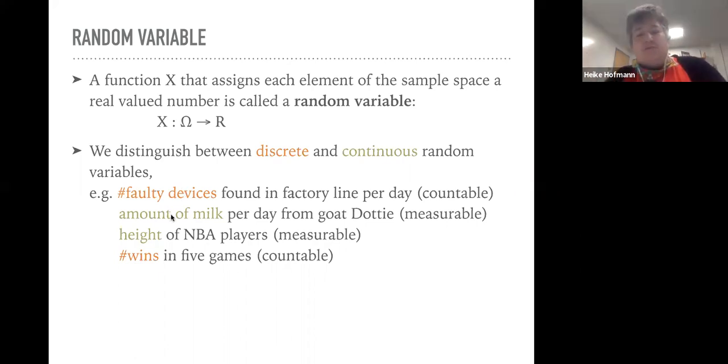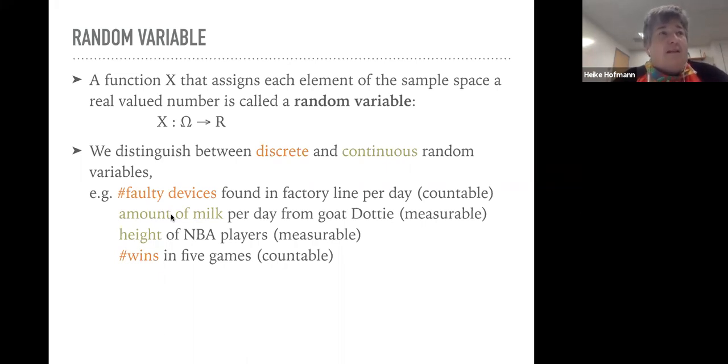Or we've got goat Dottie and we're milking her each day, then looking at the amount of milk that we get per day from goat Dottie. That's a real valued number, but it's just measurable, it's not countable. We could have a look at the height of NBA players. That's also measurable, not countable.